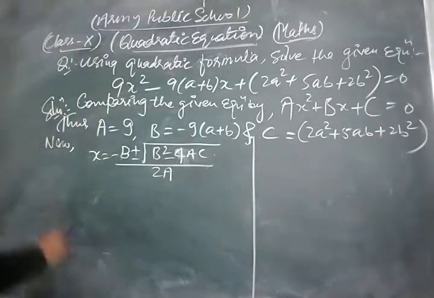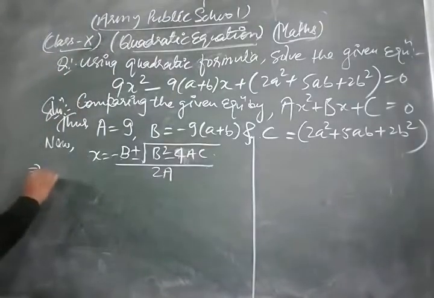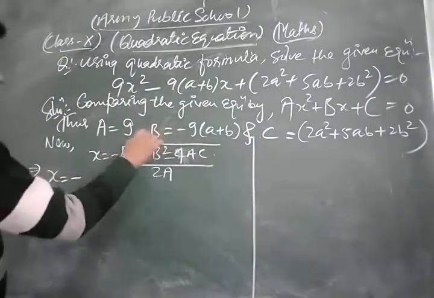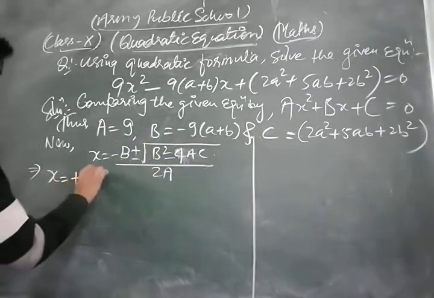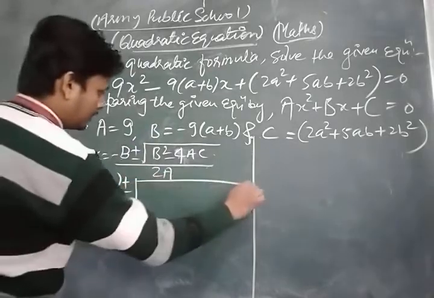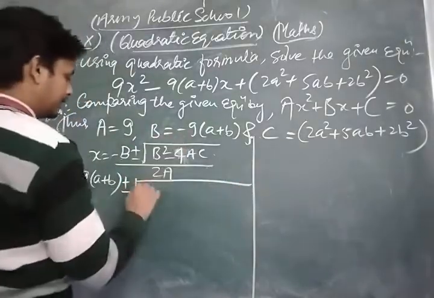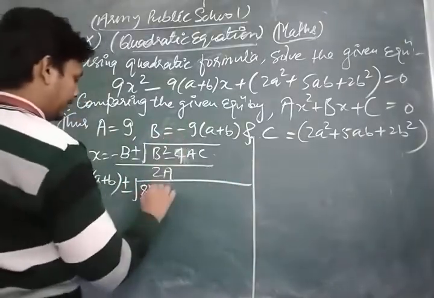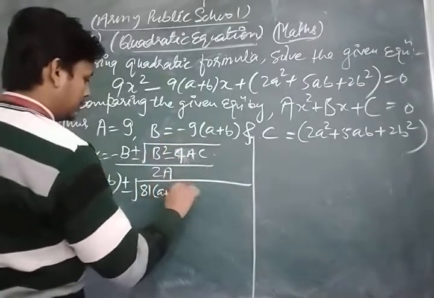Okay, now let's see. So x is equal to minus b, what is this? Minus minus plus, this is 9(a plus b) plus square root of b square, which is 81 times (a plus b) whole square.